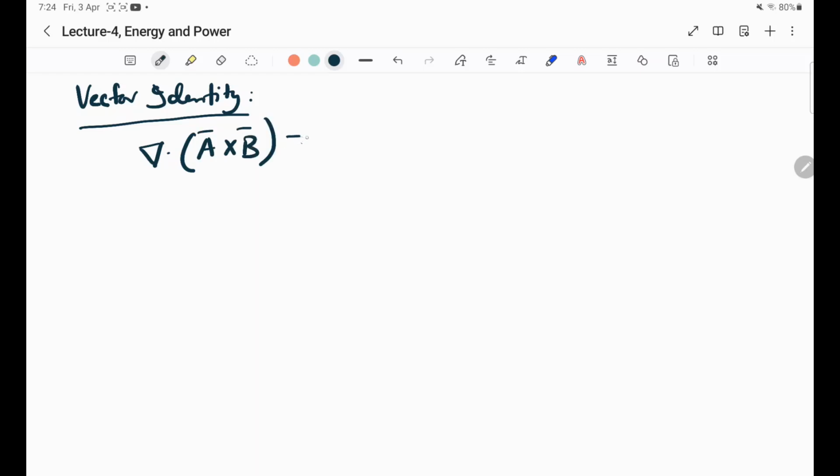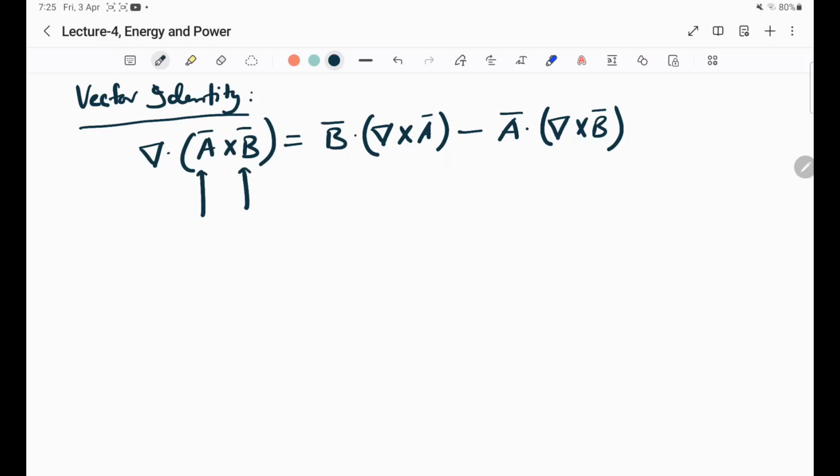The vector identity is: divergence of a cross product of two vectors A and B is equal to B dot del cross A minus A dot del cross B. We are going to replace these two vectors A and B with our electric field vector E and magnetic field vector H. Notice that the electric field E and magnetic field H are written in scripted letters, which means that we are dealing with instantaneous fields.